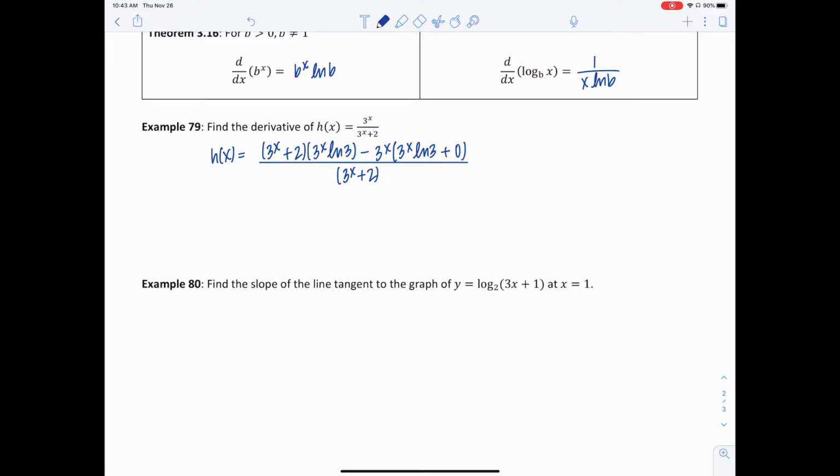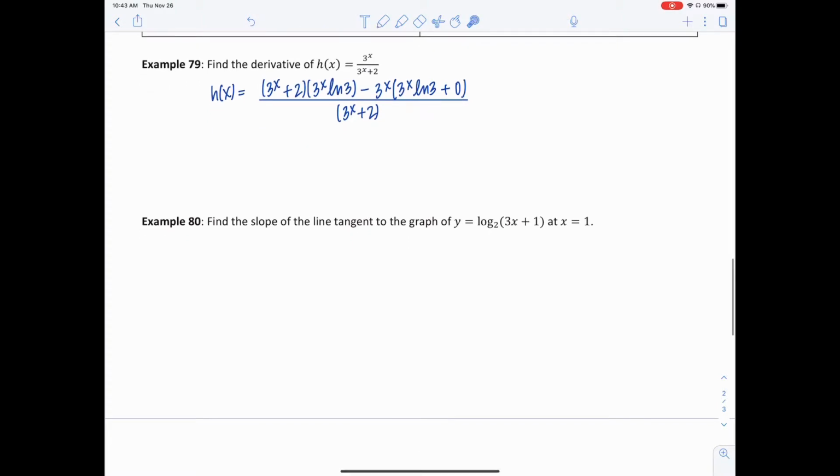Okay, let's see if I can do any simplifying. So if I distribute this, am I going to be able to simplify anything? I can simplify that. Oh, I can simplify that. Okay, great.